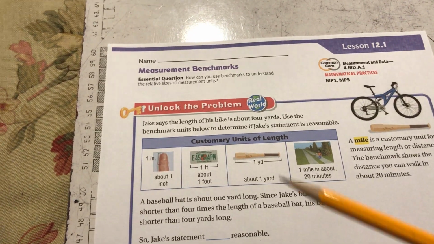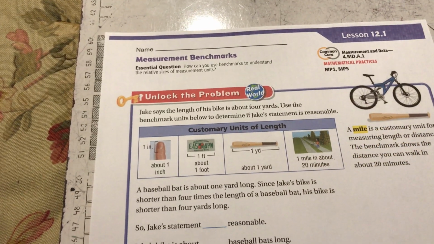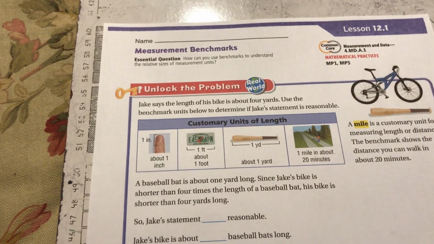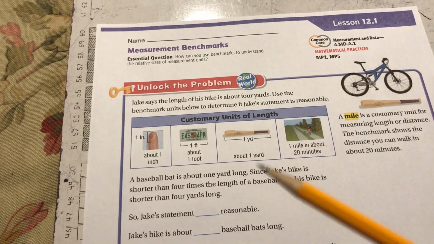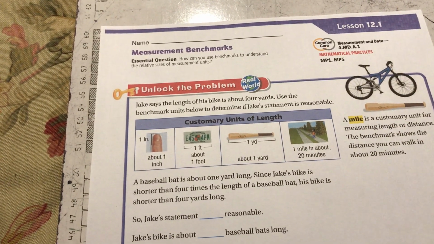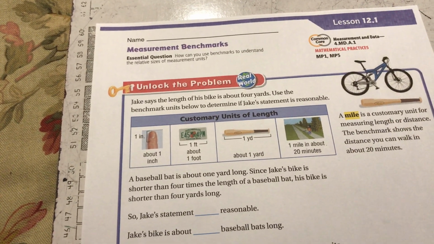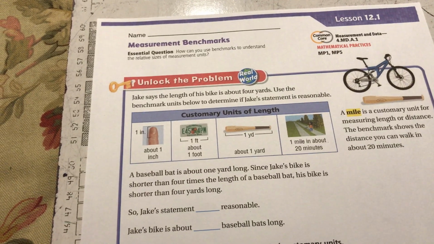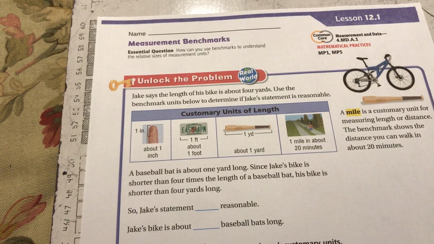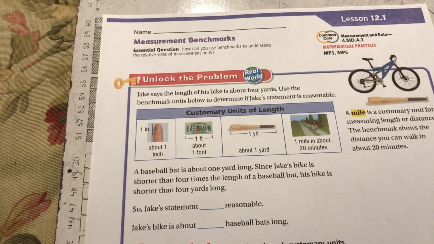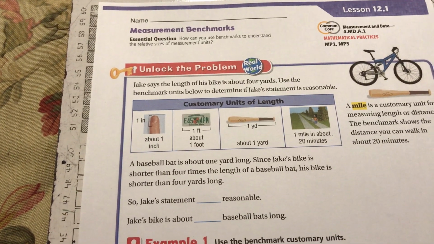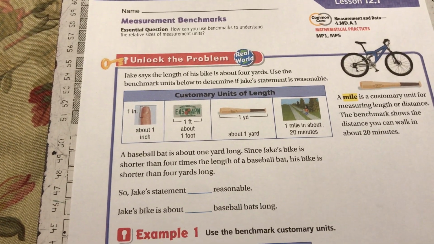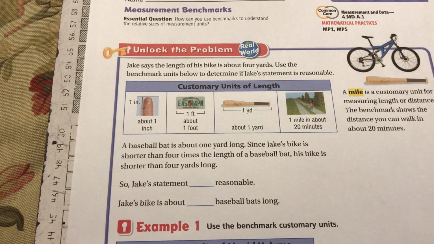So we're going to be talking about page 641. It starts off with customary units of length. Tomorrow I'm going to show you a BrainPOP video which will go into more of the history of customary units versus the metric system. Customary units, as you know, are the units of measurement that we in the United States use.